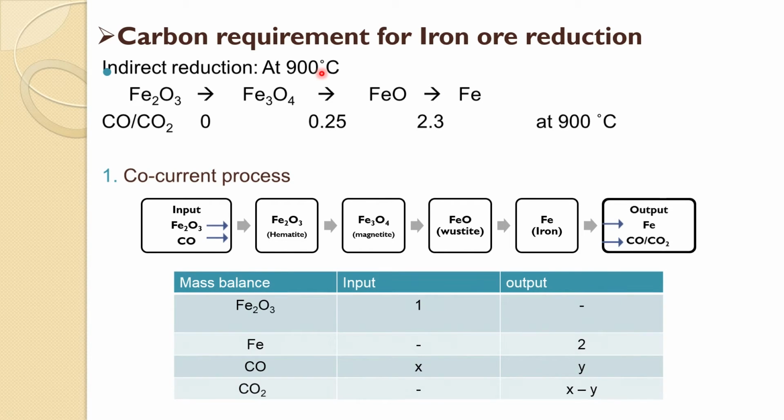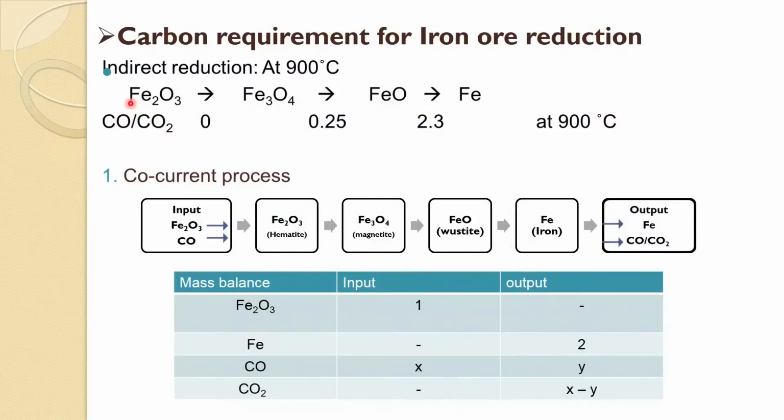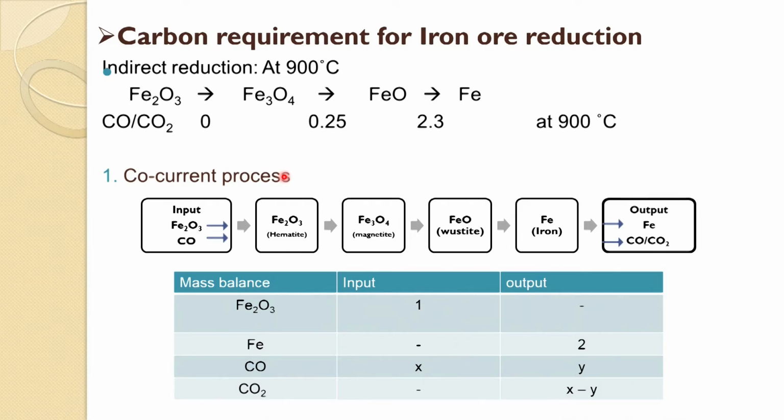what we would be considering is a different process. One is, you know, the blast furnace, which is a counter current reactor. Gas is coming from the bottom going up and the charge is coming from the top.